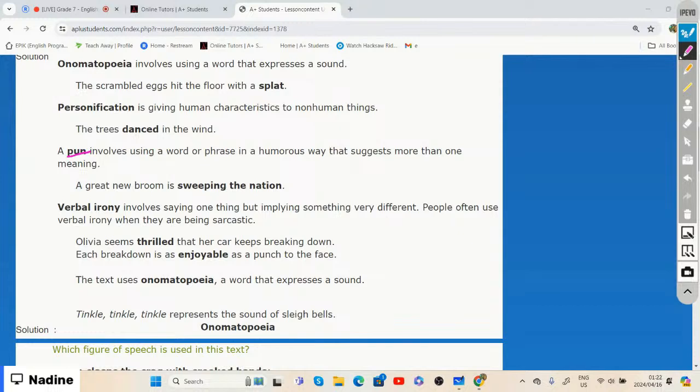And then lastly, we have verbal irony. We have irony, but we have verbal irony. And remember, verbal means to talk, using your words, word of mouth. So verbal irony involves saying one thing but implying something very different. People often use verbal irony when they're being sarcastic.